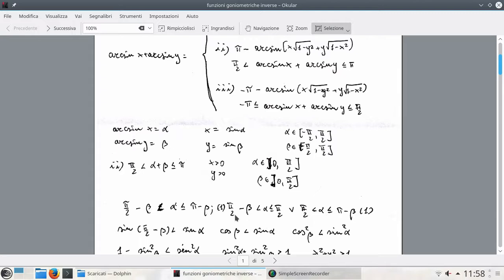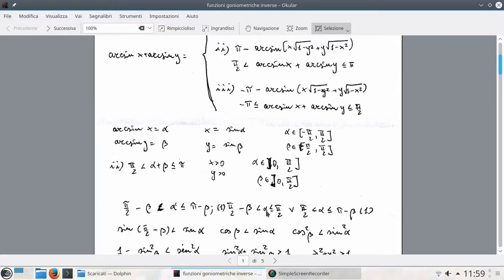The first part is 1/2 of pi minus beta less than alpha, not greater than 1/2 of pi, or 1/2 of pi less than alpha, not greater than pi minus beta. We are interested in the first part.